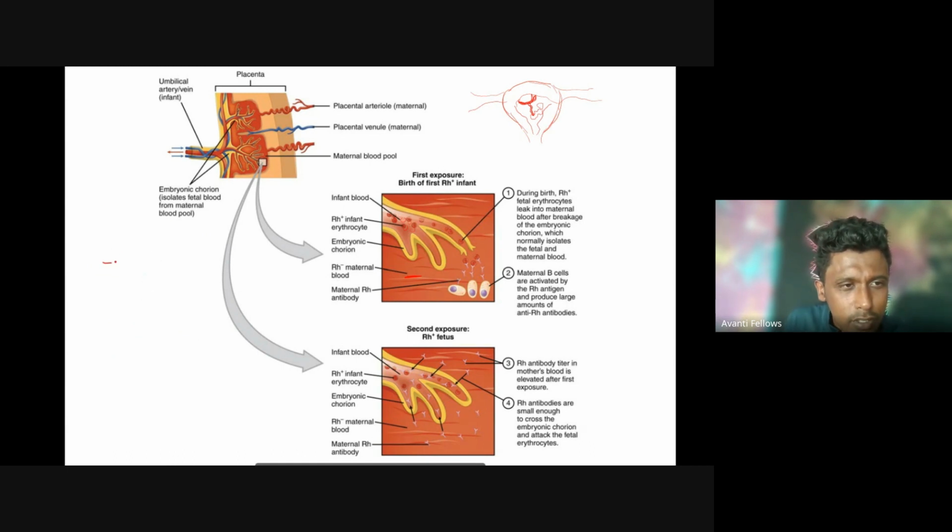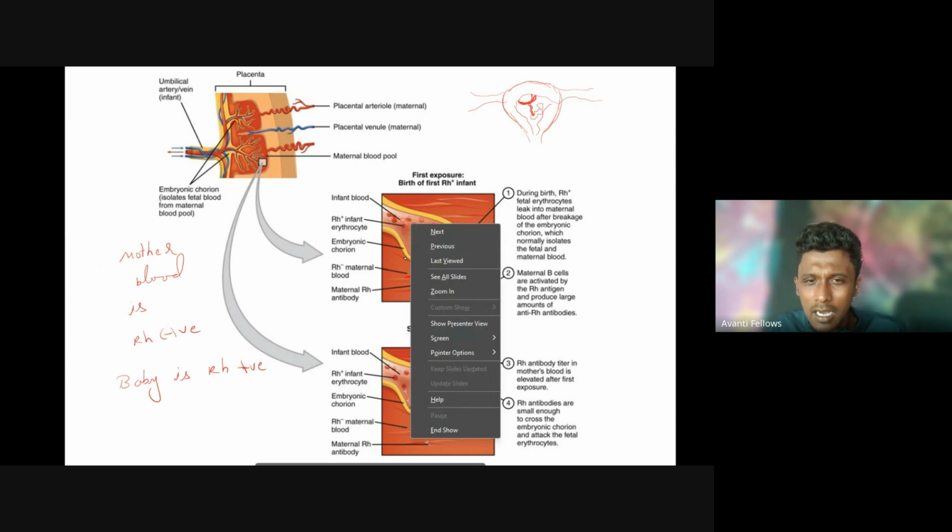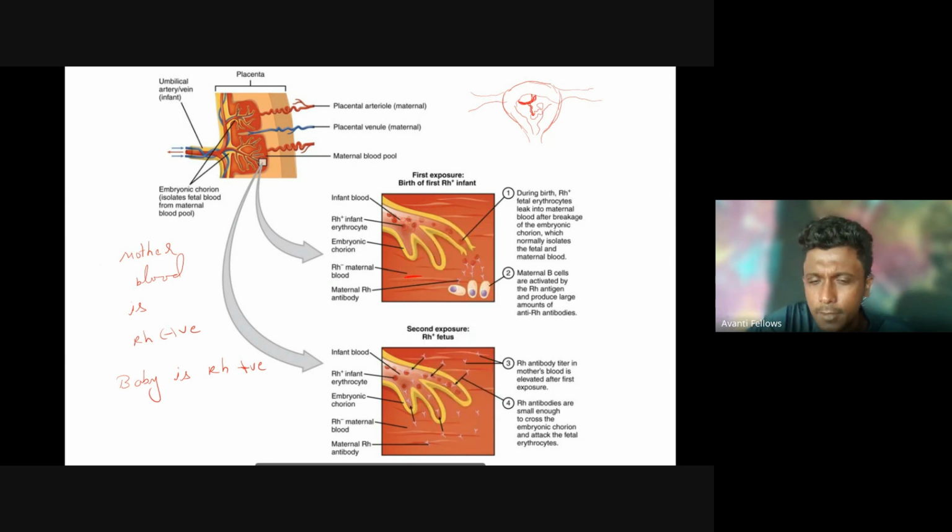Whenever there is RH negative, obviously whatever it said is right. So let's say that mother's blood is, remember this, mother's blood is RH negative. And baby is RH positive. Now what happens here? Since baby is RH positive and mother is RH negative, in the first exposure, mother's blood will think that baby's blood is an enemy or foreign.